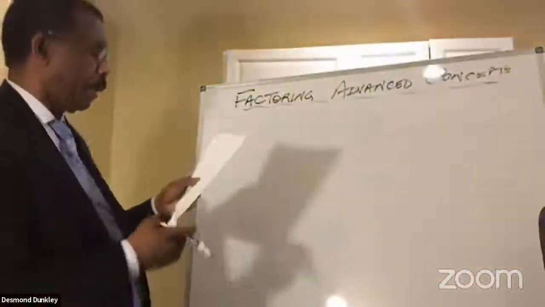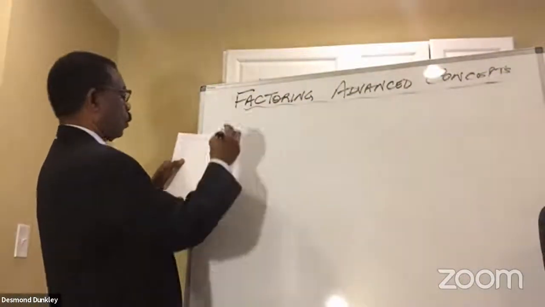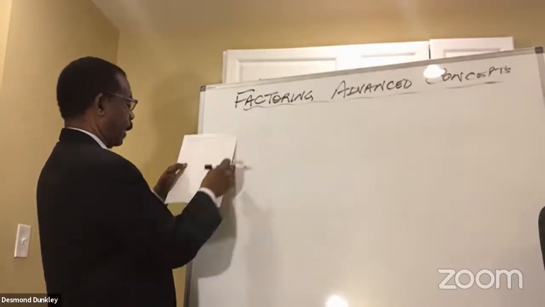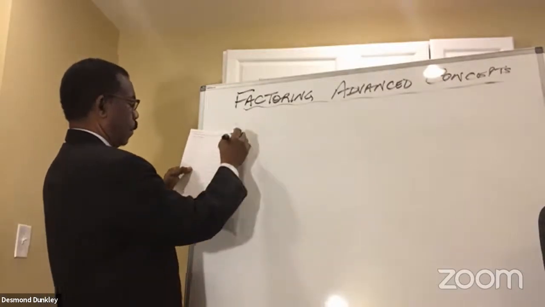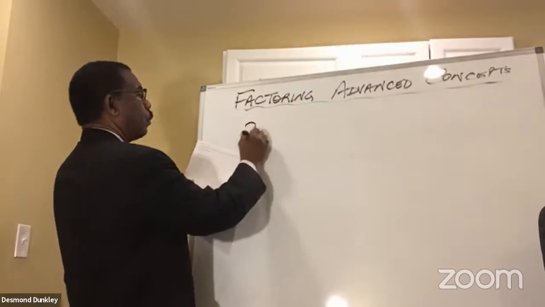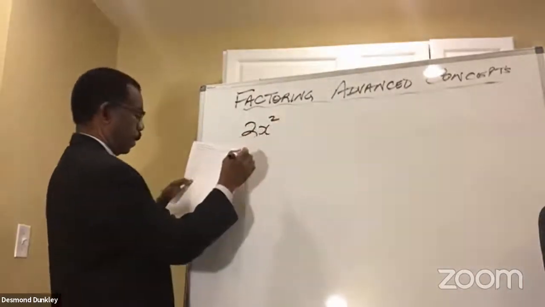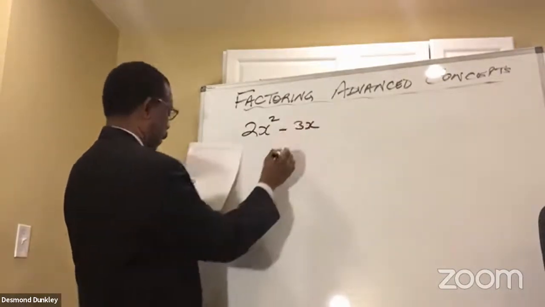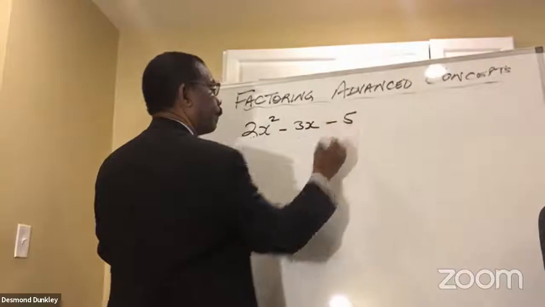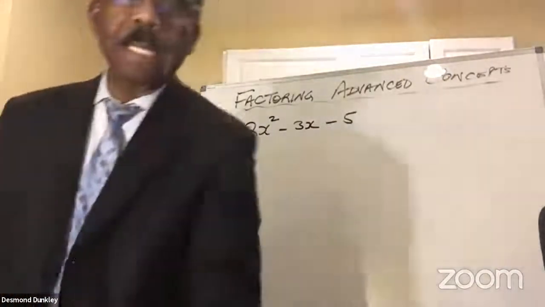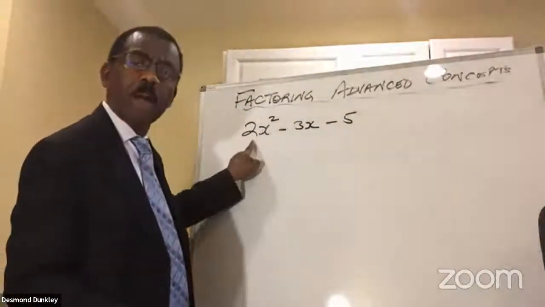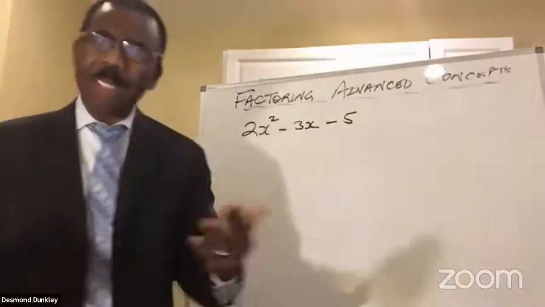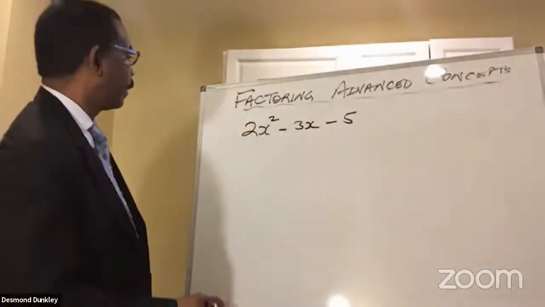Okay, how about, let's try 2x squared minus 3x minus 5. How about that? Again, we do not have a 1 here, we have a 2. So that makes it a candidate for the AC dance.